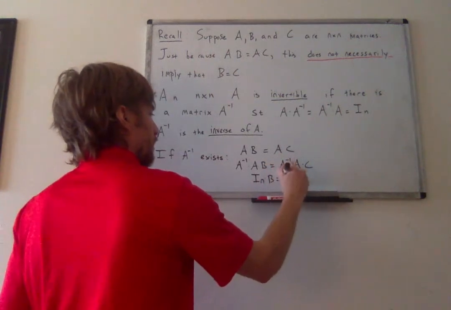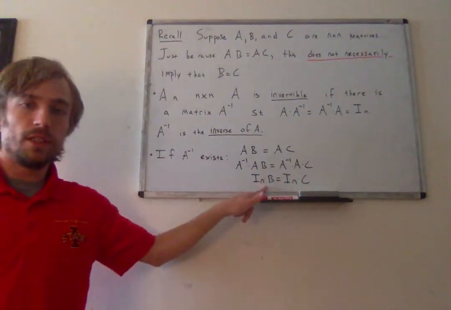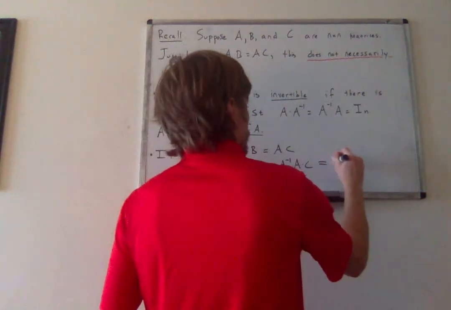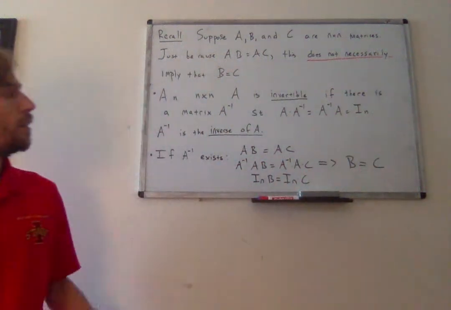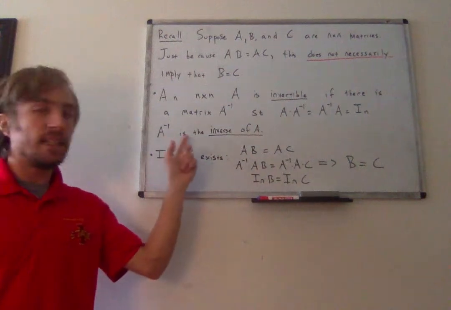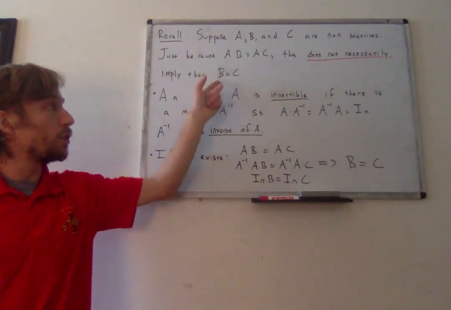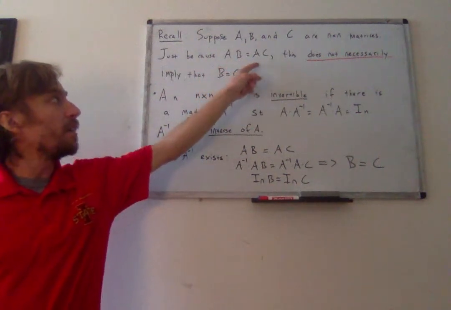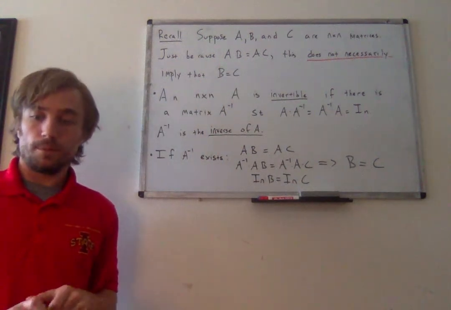But remember, we learned that the identity matrix times any matrix is just the original matrix itself. And so this actually does imply that B equals C. So this is actually the condition we need to make this implication true. So if AB equals AC and A is invertible, then we get this nice property.